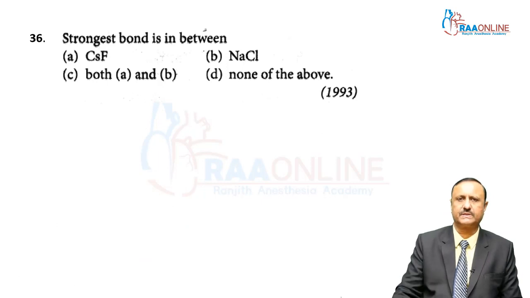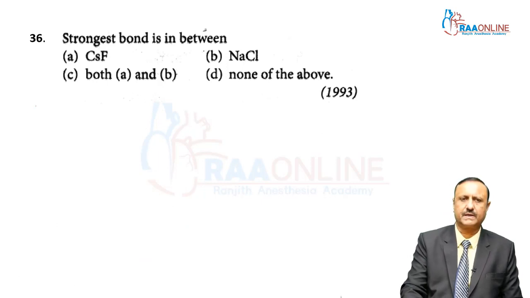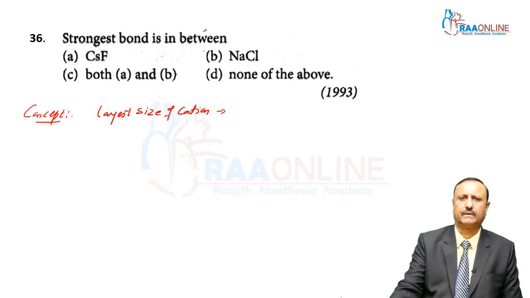Its strongest bond is in between, but the concept, my dear students, is the largest cation, the largest size of cation. For example, if you take sodium, potassium, rubidium and cesium, cesium has the largest size.